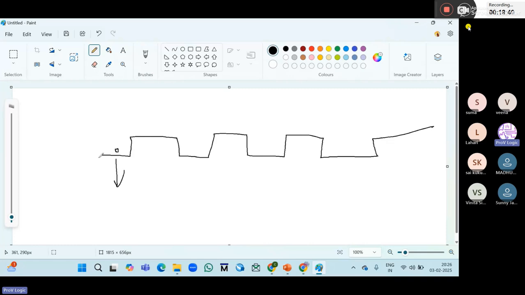After some delay, again I'm making the clock 1. After this much delay, again 0, again 1, 0, 1, 0. So what is the clock period? The clock period is from here to here, positive edge to positive edge or negative edge to negative edge, edge to edge.